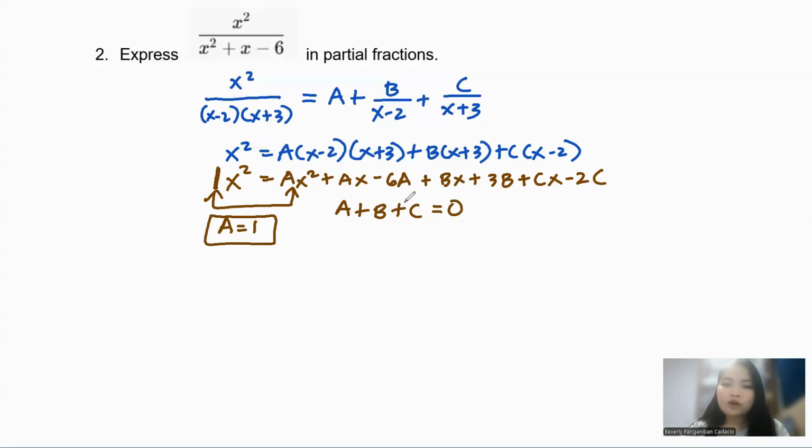Now let's add all of my constants only. I have -6a. Okay, I have 3b. Because there's no x, you're going to add all of that. I have -2c, which is equal to 0 again because you don't have anything here, only x squared.